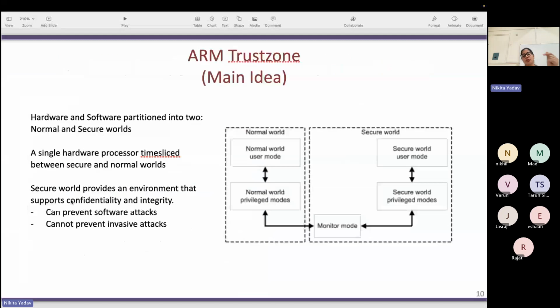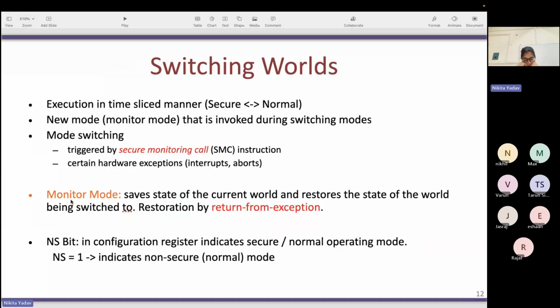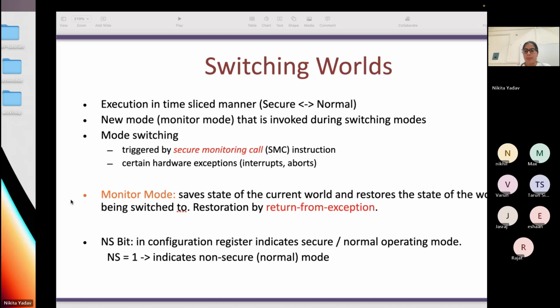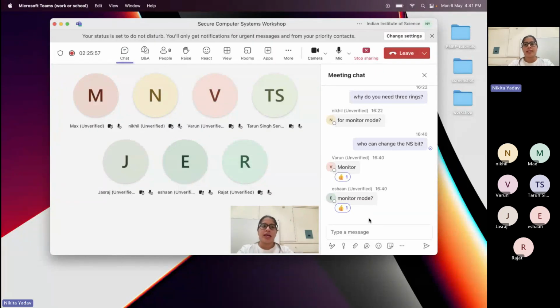Okay. Yeah. So let me ask you more questions. As a programmer, if you want to switch from one mode to the other mode, from the normal world to the other world, then what will you use?